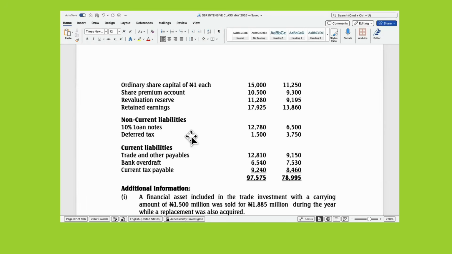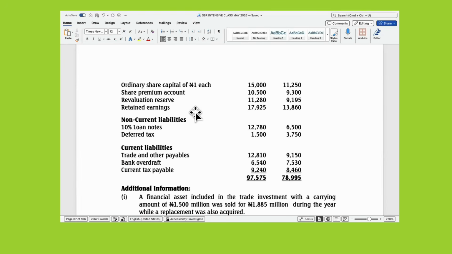For the retained earnings, 13,860 and 17,925. The movement between these two, can you help me calculate the movement, please? Does anybody have a calculator there? What's the movement between the two? Retained earnings.